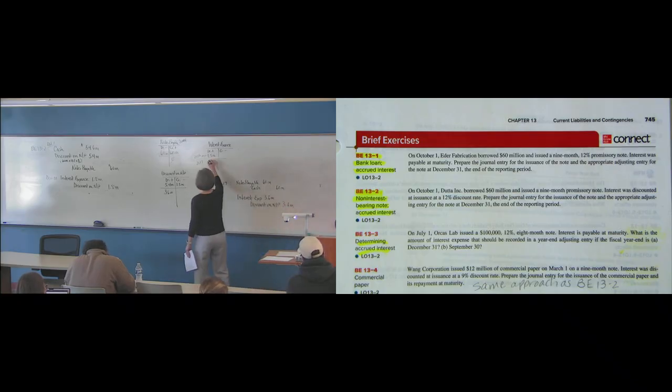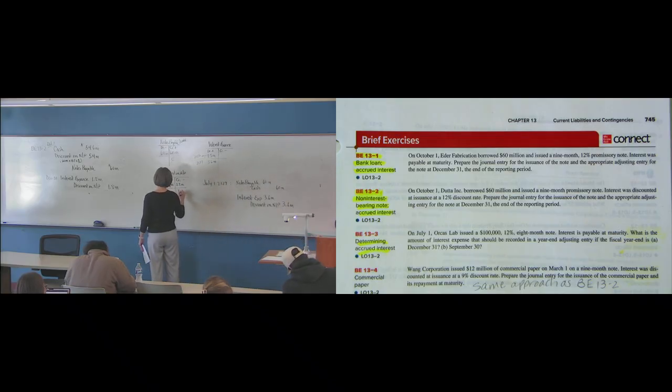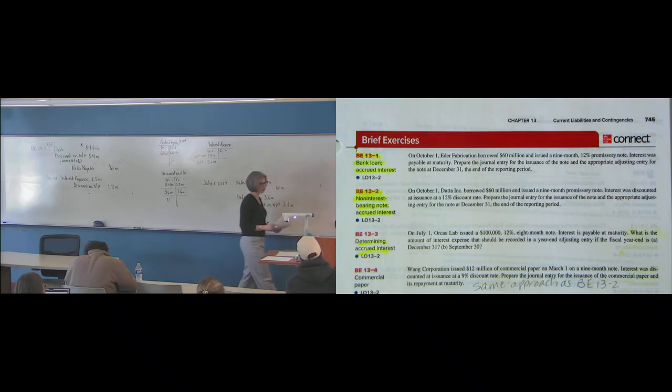And so 3.6 million interest gets reported in 2027, and the discount account gets zeroed out because I eventually have reported all of my accrued interest. That 9 months has passed in its entirety.